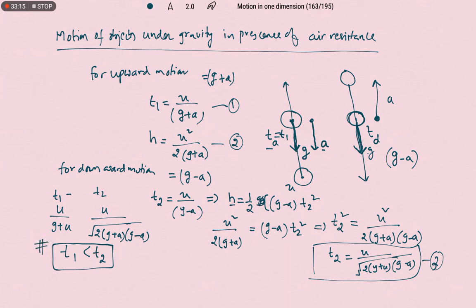When the object is moving under air friction, we need to consider the acceleration produced by the air friction in the body. When it is moving upwards, acceleration due to gravity and acceleration produced by friction are in the same direction, that's why t equals u by g plus a. When the object is moving downwards, the acceleration produced in the body will be g minus a.